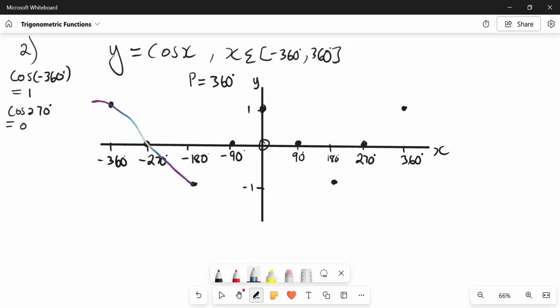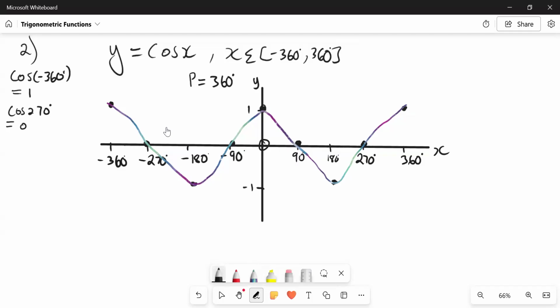We're joining the points to draw our cos graph. Right? So this is our cos graph. This is the standard graph of cos.